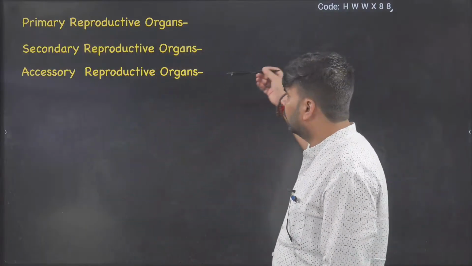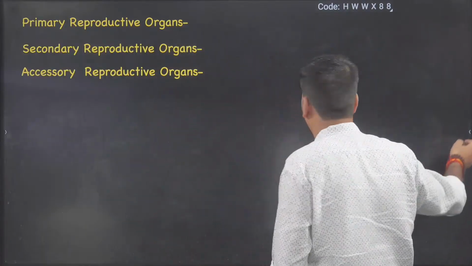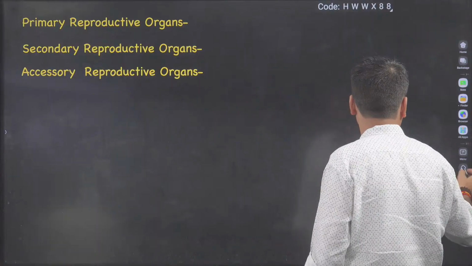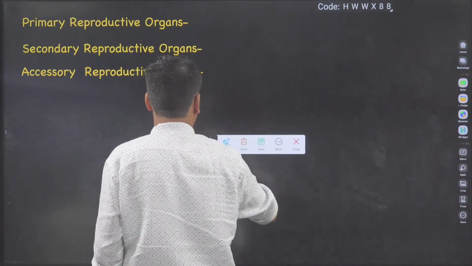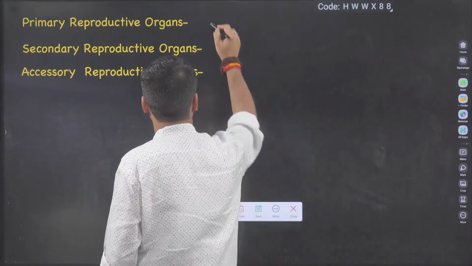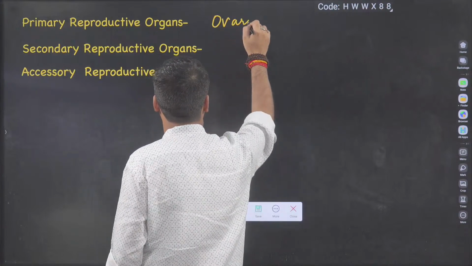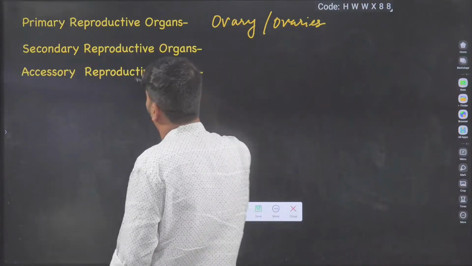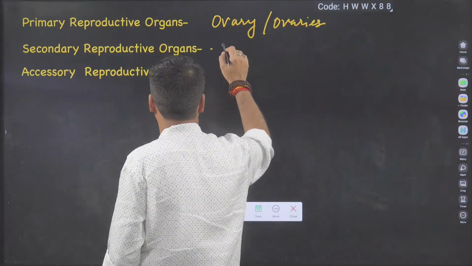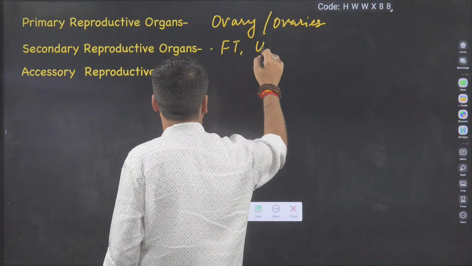Here you come to the primary reproductive gland or organ in case of human female. In human female, it will be ovary or ovaries, you can say. Ovary, ovaries. Okay, what is the secondary reproductive organ? Last class we discussed the fallopian tube, uterus, you can say.